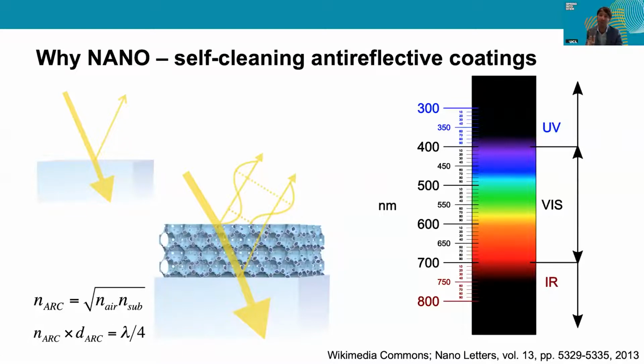And what that means is that if you want to have a coating that is not recognized by the light, that is below the resolution limit of that incoming wavelength, you need to be much smaller than that wavelength.